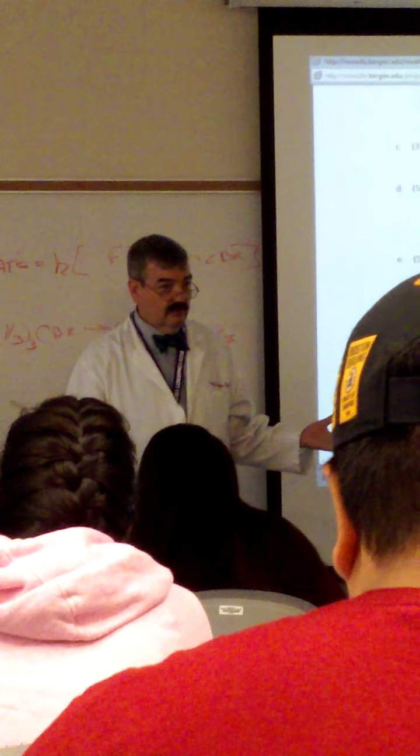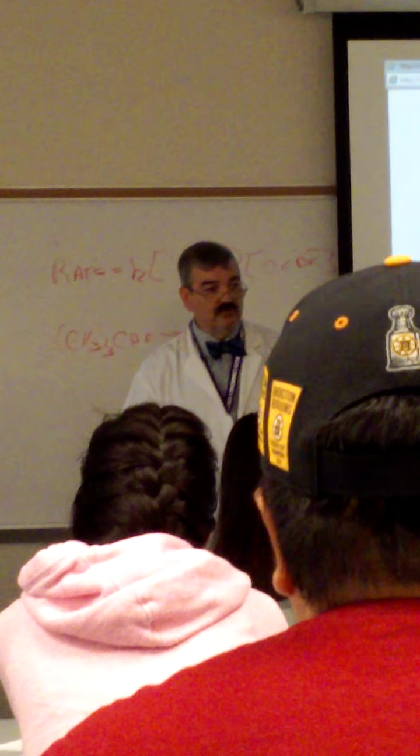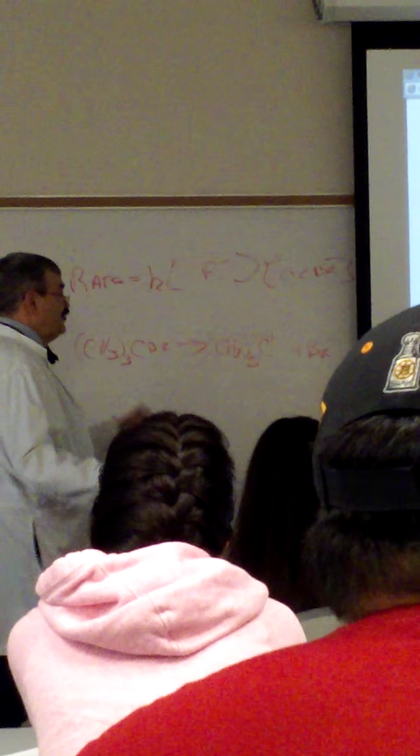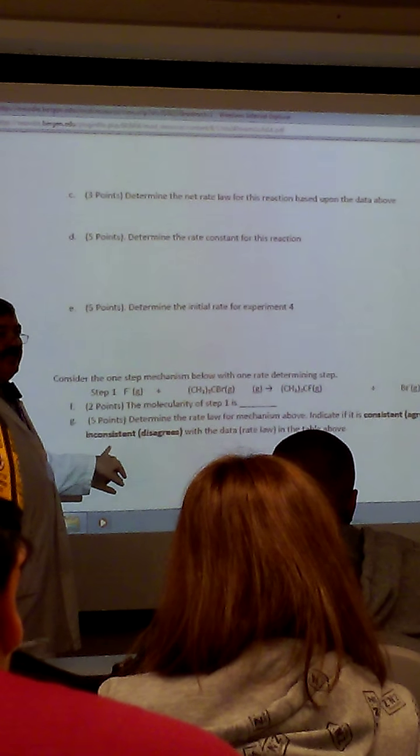To a degree. Four times, right? I'm sorry, square. It would be square. All right. So, does the rate law for this agree or disagree with the rate law for the kinetics? Disagrees.